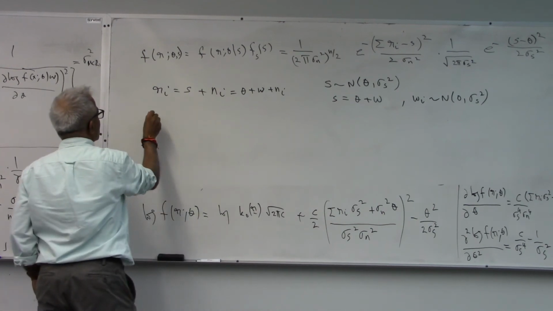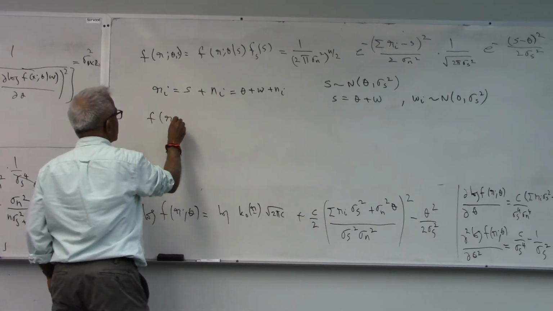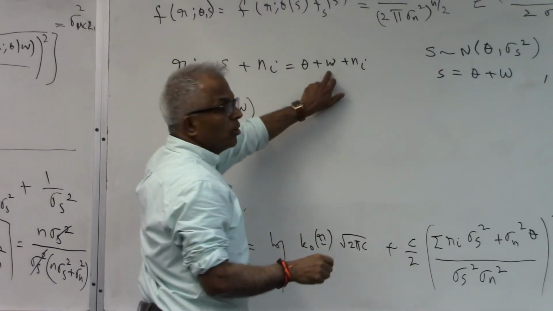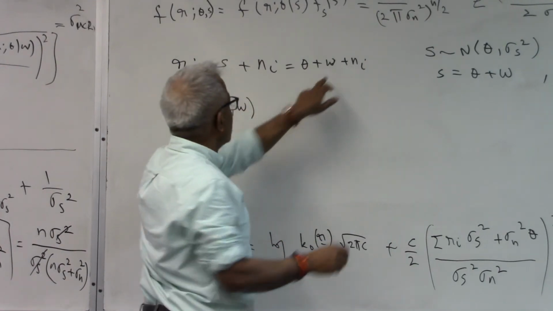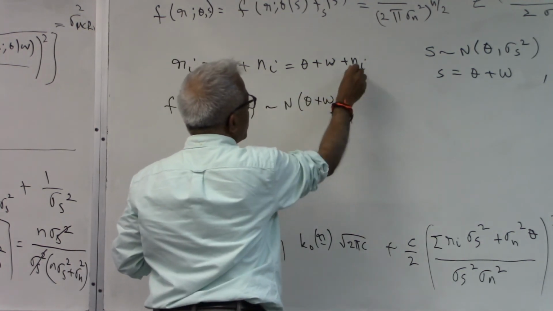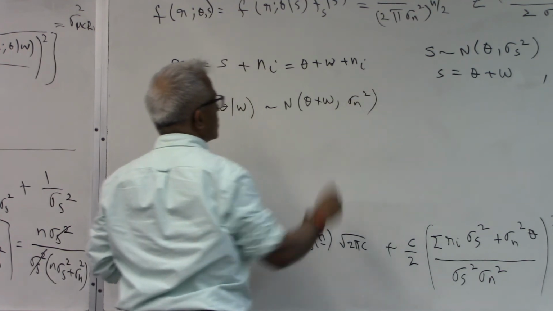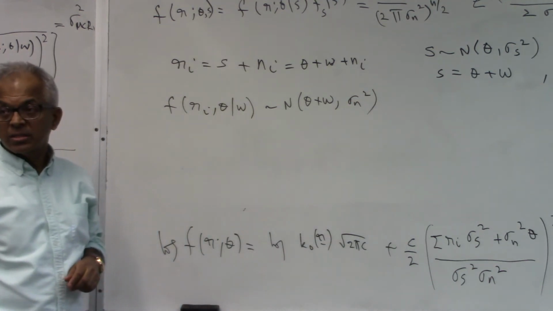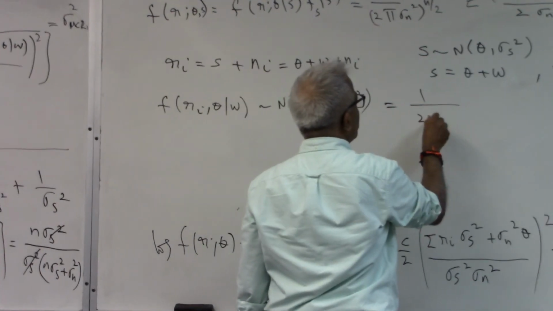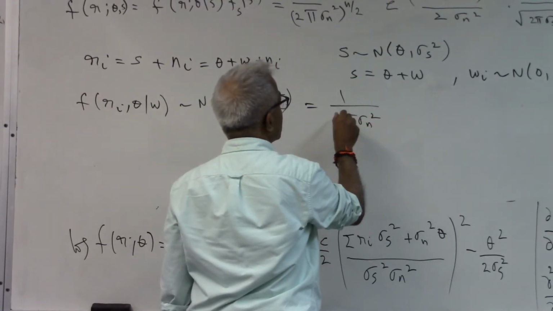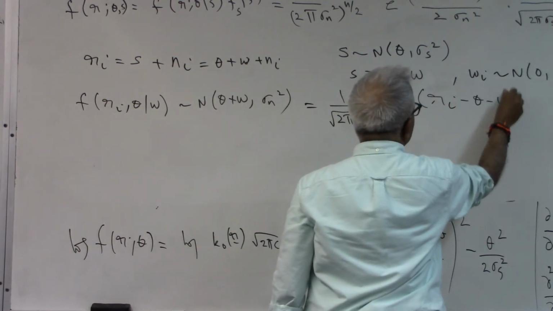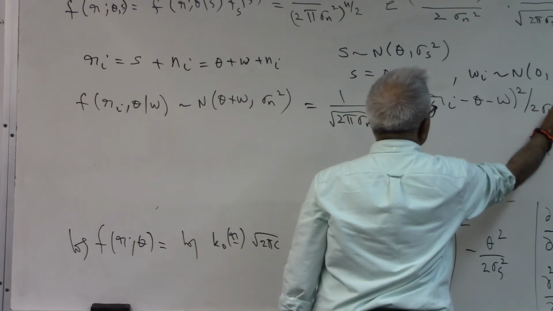So of course, the joint density function of Ri and theta given W, if conditioned on W, this will be normal with mean theta plus W and variance equal to sigma n squared, right? So that's going to be 1 over the square root of 2 pi sigma n squared, e raised to minus Ri minus theta minus W the whole squared over 2 sigma n squared.